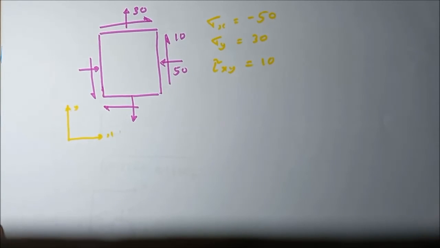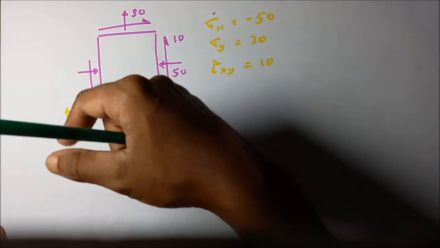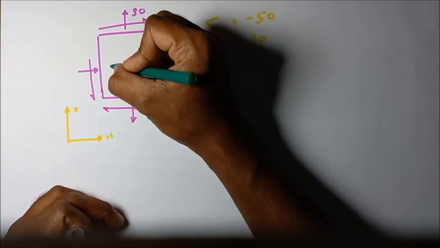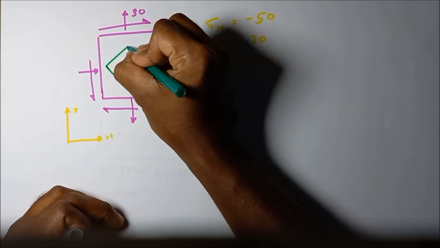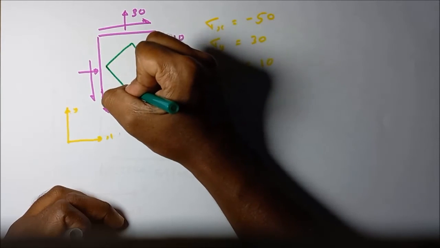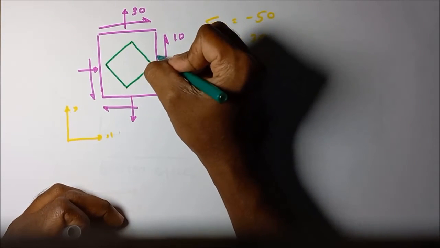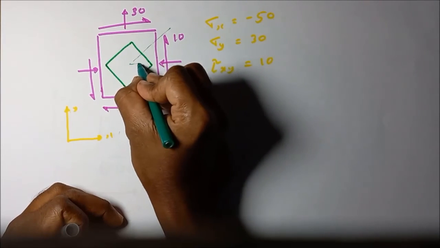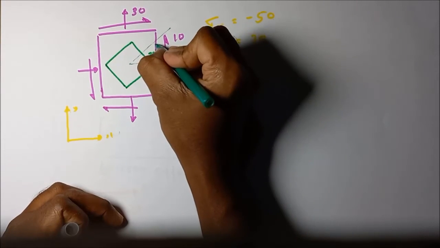If you rotate this stress element clockwise or counterclockwise by 30 degrees, that means if you rotate this stress element in this kind of orientation, then this face is at 30°.